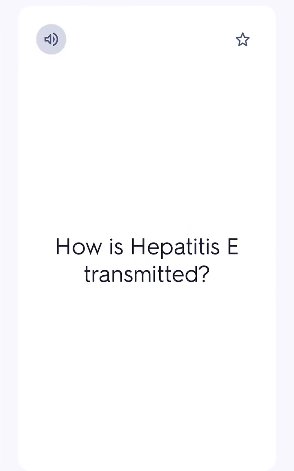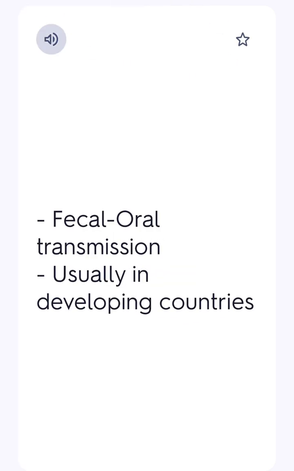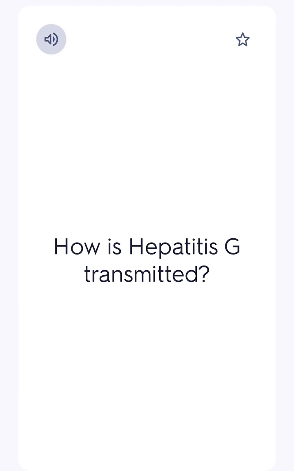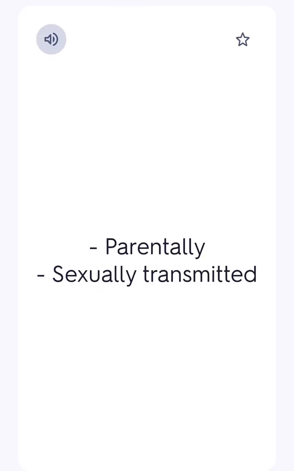How is hepatitis E transmitted? Fecal-oral transmission, usually in developing countries. How is hepatitis G transmitted? Parenterally, sexually transmitted.